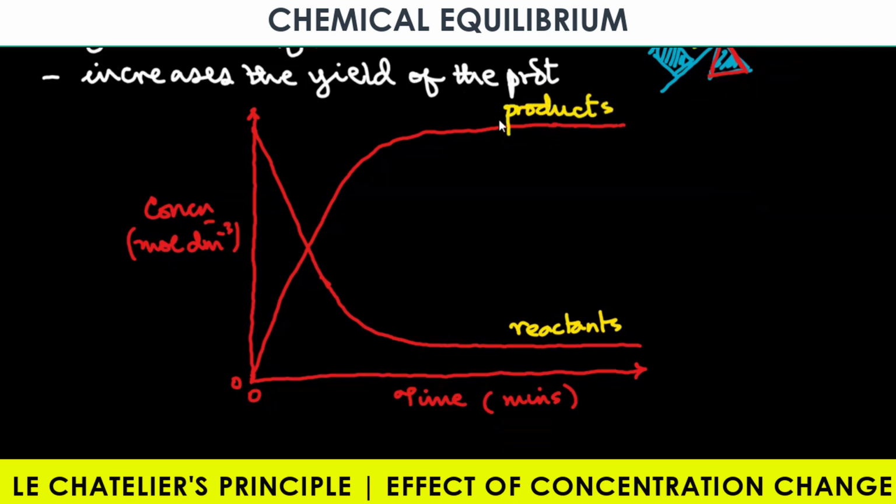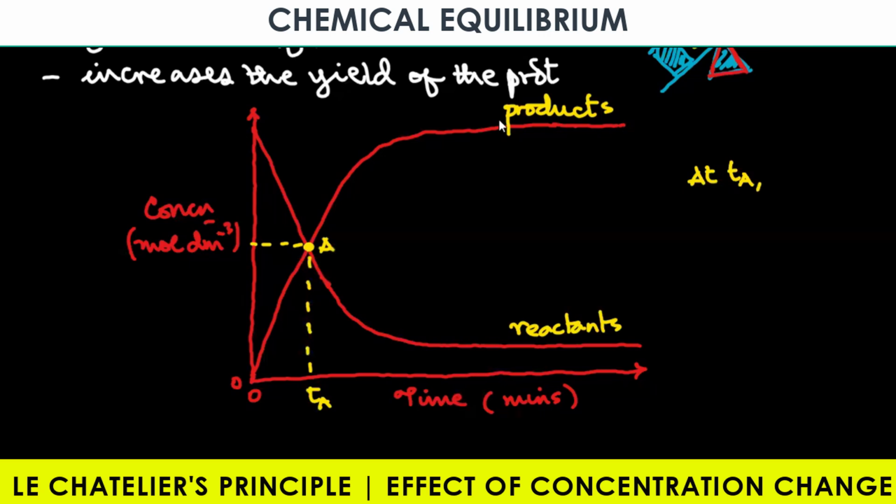If you look at this graph, at this point where these two curves meet, that is the time at which the concentration of the reactant equals the concentration of product. Here, that point, let's call that A, at time TA.